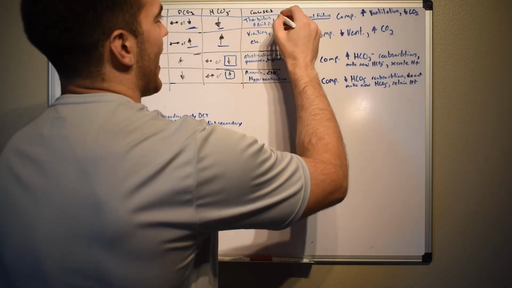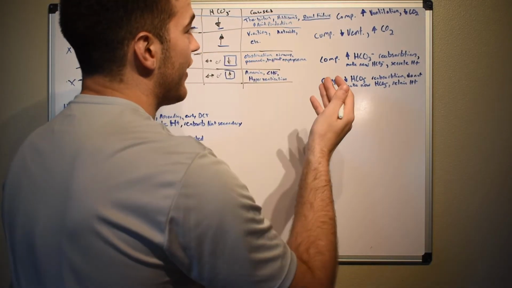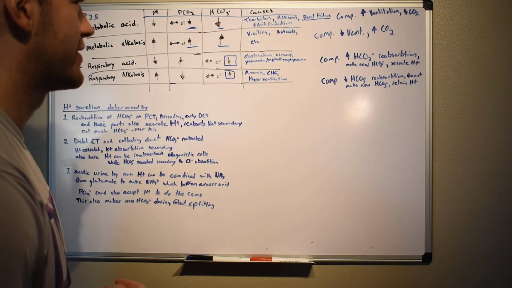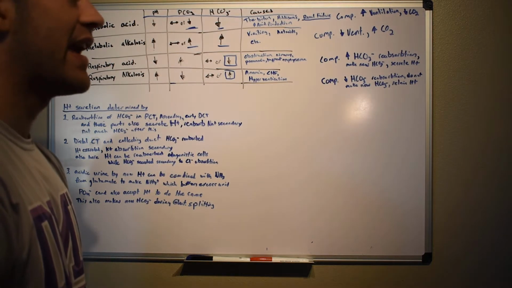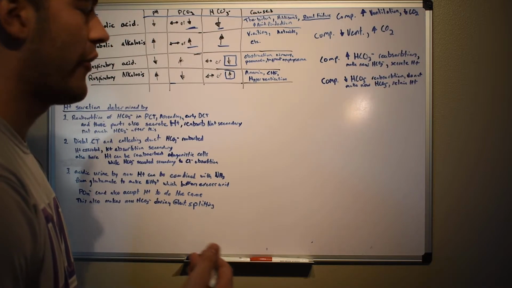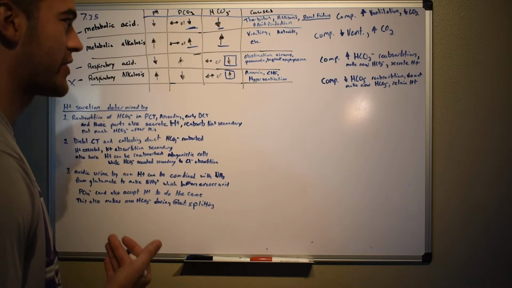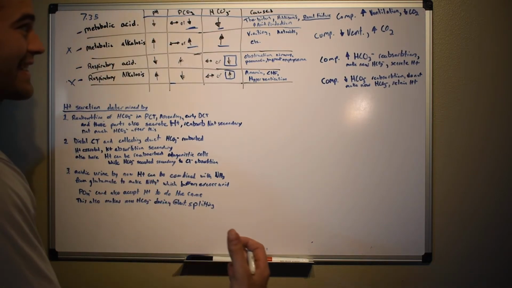And then we've also got Addison's disease, renal failure, a common one, and a general increase in acid production. You could also have a salicylate overdose, like an aspirin overdose. If you take a bunch of that, you'll get the body really acidotic.